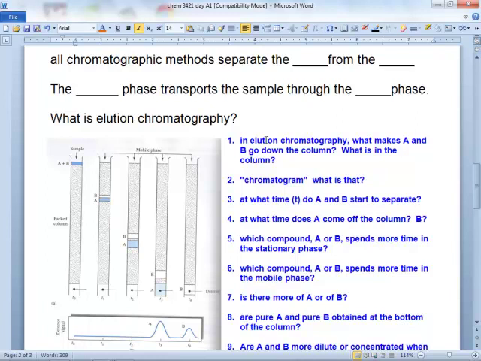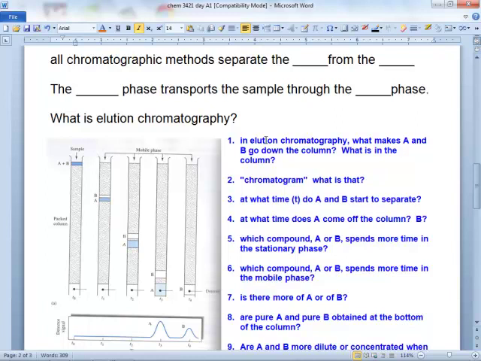Okay. What's in the column? It could be anything. In this case, like ground chalk or something. We'll talk about stuff like that when we start talking about liquid chromatography. Okay. What's a chromatogram? Amanda, what's a chromatogram? Yeah, a graph that shows you what's coming out at the end of the column.